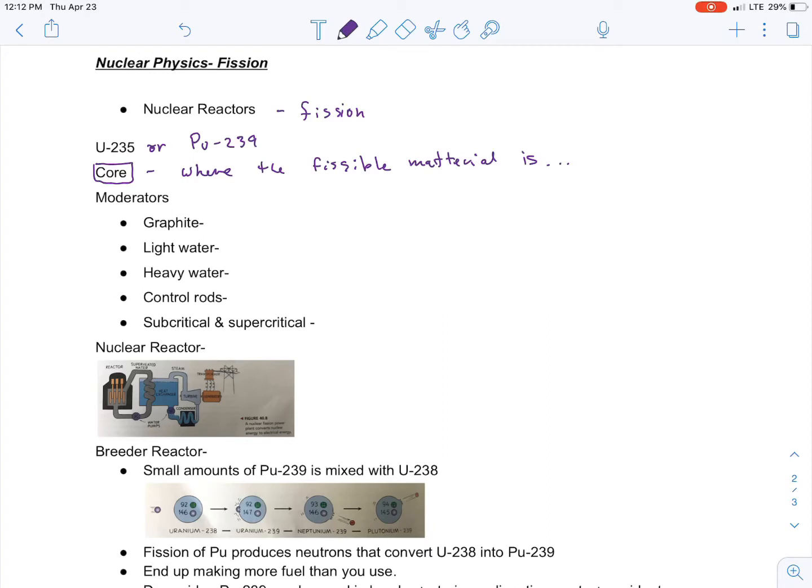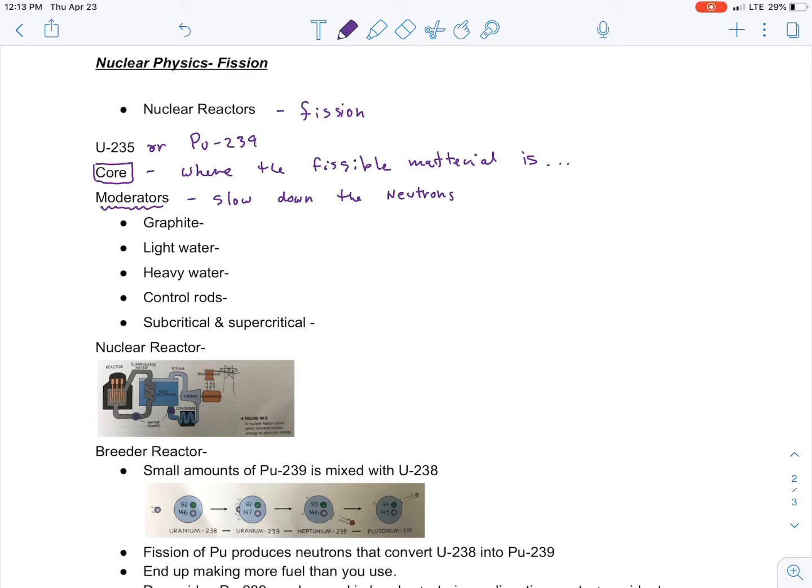All right. But they have to control this thing. They can't have it just go like a bomb, right? It's not going to explode. They don't want that. They want to control this thing. So the way they're going to control this is they're going to use what we call moderators. And moderators slow down the neutrons.